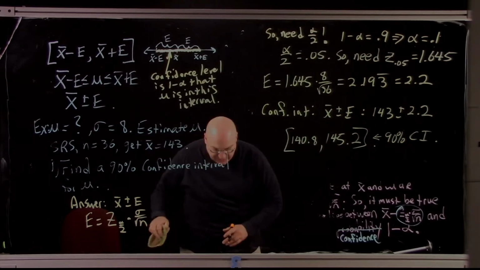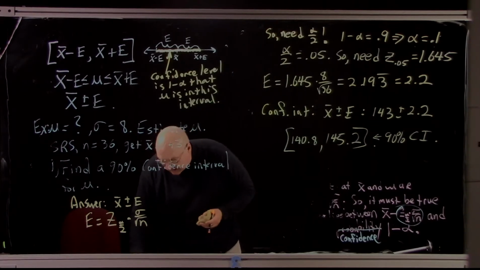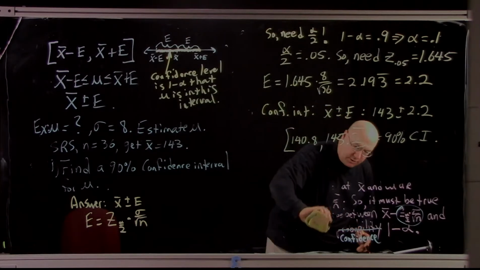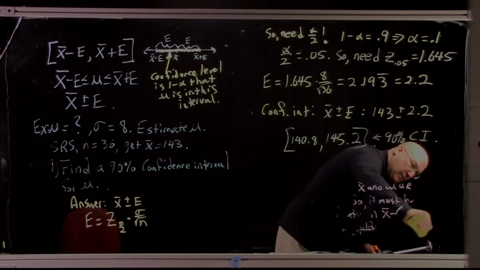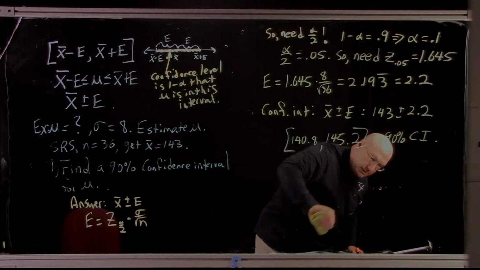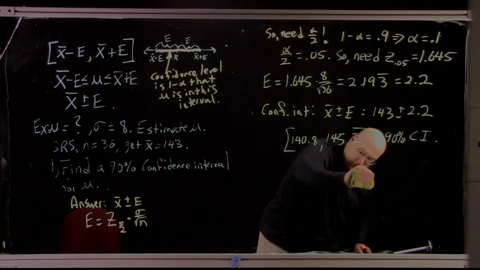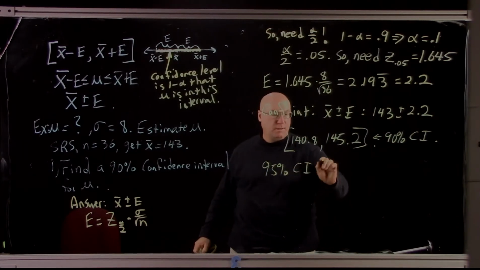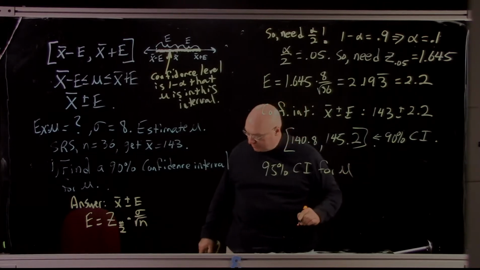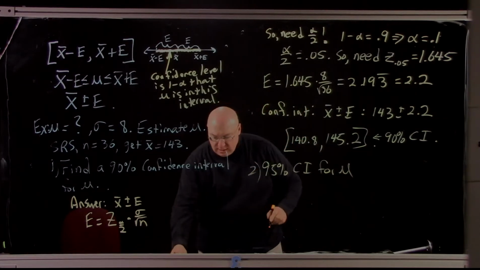Next one, find a 95% confidence interval for mu. That's number 2 here.